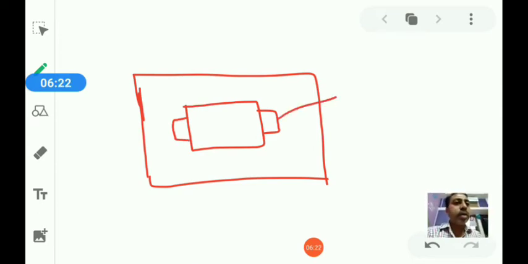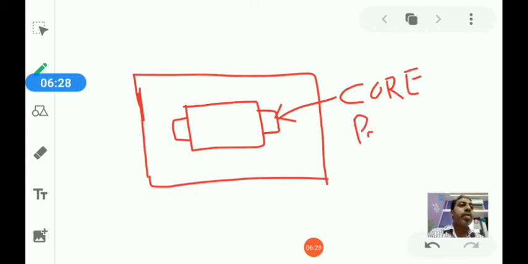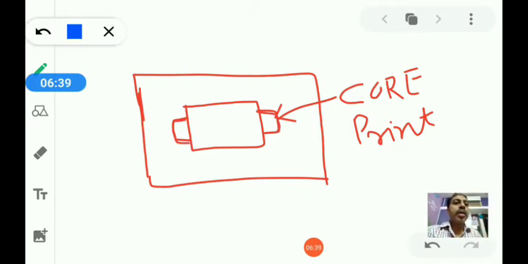This is called the core print, and its function is to create a space in which we place our core.